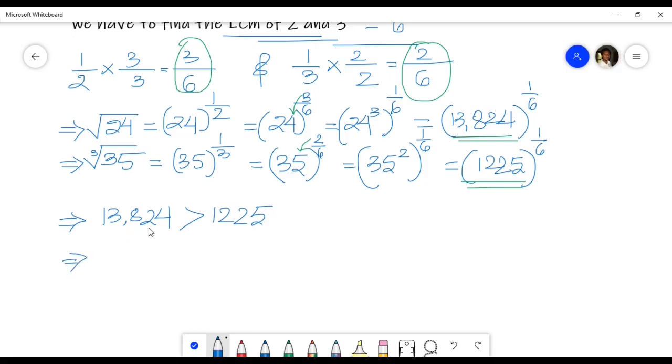Right, so we'll just write down the value that we just wrote just before getting the fractional exponent, the final value of fractional exponent that we found. 13,824 to the power 1 by 6 is greater than 1,225 to the power 1 by 6.